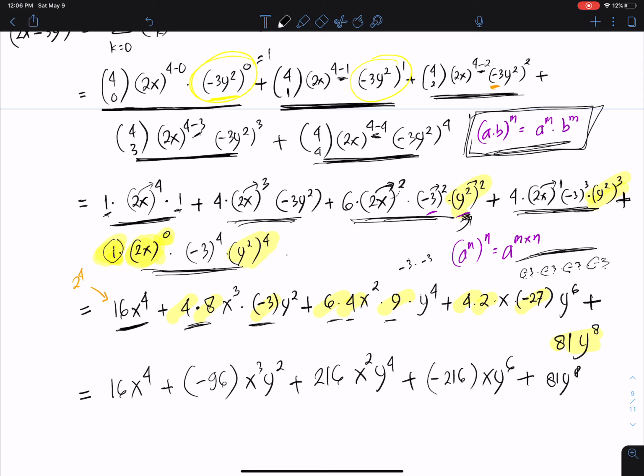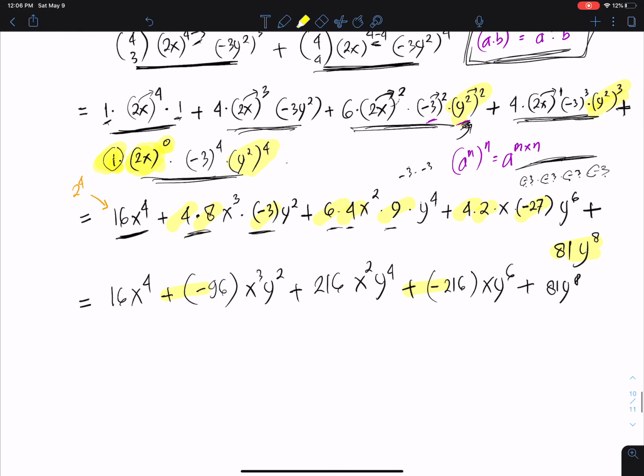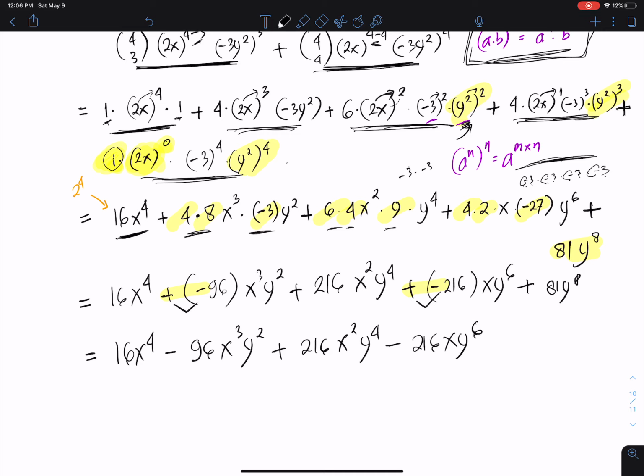Okay, so almost done, but we need to settle this and this. So if we write the final terms: 16x^4 plus minus becomes minus 96 x^3 y squared, and then plus 216 x squared y^4, plus minus becomes minus 216 x y^6, plus 81 y^8.